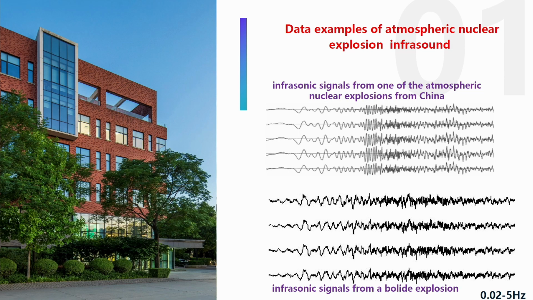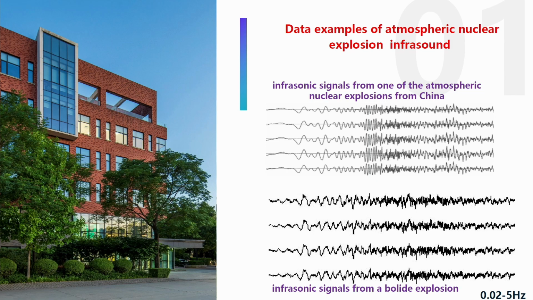Our solution is, please examine the two groups of signals. The upper signals are from one channel of an atmospheric nuclear explosion from China. And this group of signals is from applied explosions.